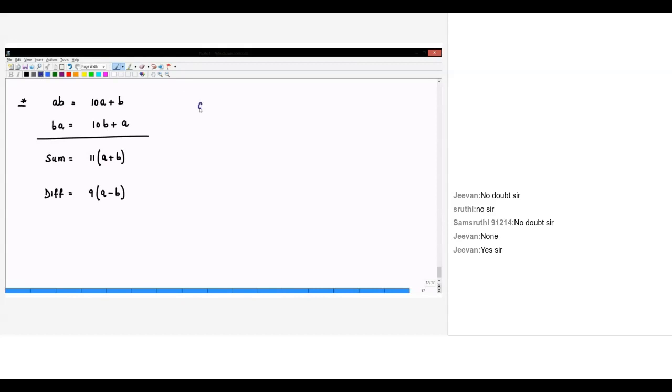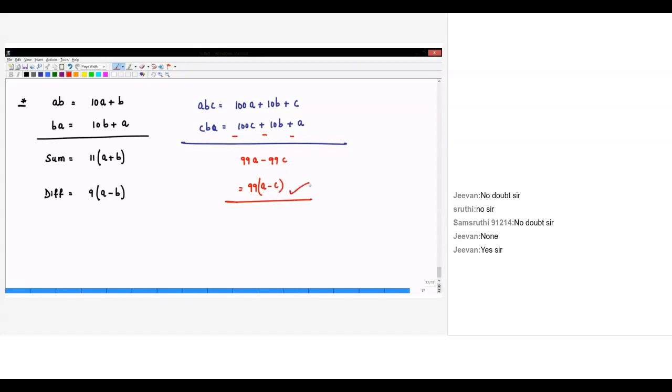If I give you a three-digit number ABC, 100A plus 10B plus C. Reverse the digits, 100C plus 10B plus A. The difference is 99 into A minus C. Therefore, it is divisible by 99.